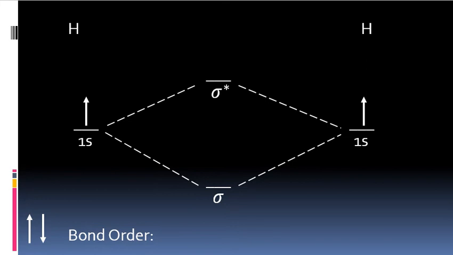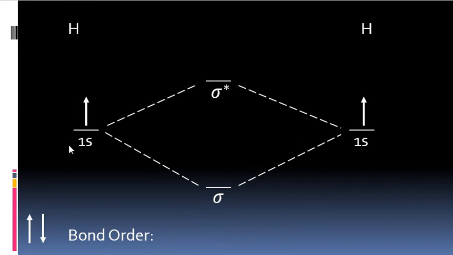In the case of dihydrogen, here's how we would fill those molecular orbitals. Well, each hydrogen has with it one valence electron, and just like subshells, just like atomic orbitals, molecular orbitals will only accept 2 electrons each.